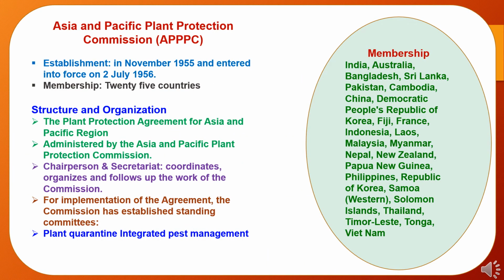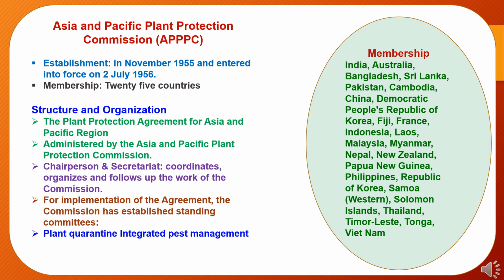The next international plant quarantine organization is the Asia and Pacific Plant Protection Commission, APPPC, which was established in November 1955 and entered into force on 2nd July 1956. This organization has 25 member countries.